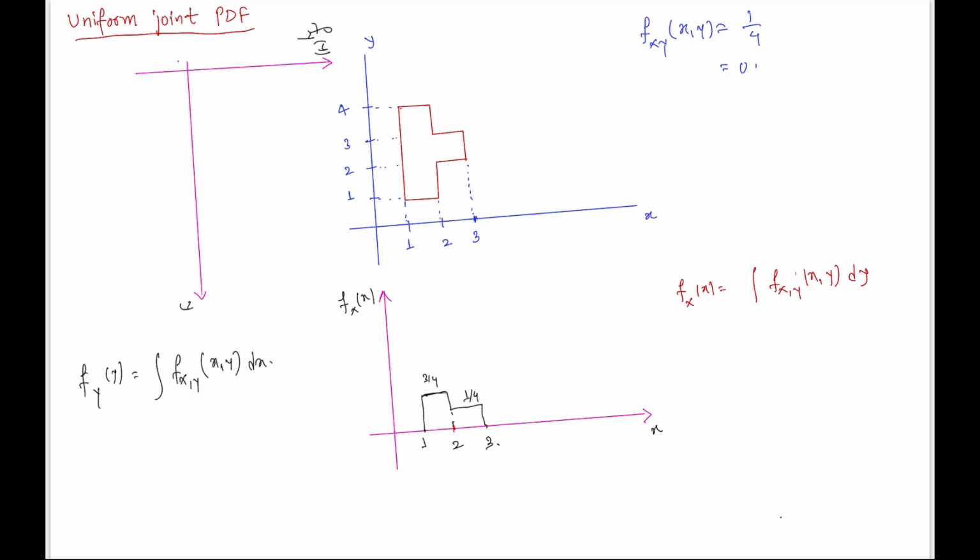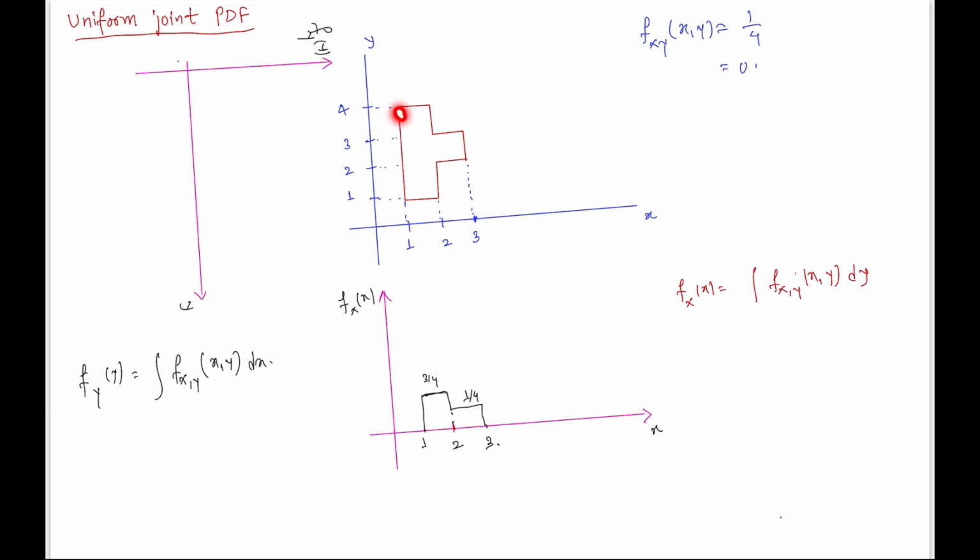So pick any y. For this range of y, x varies from 1 to 2. For this range of y, x varies from 1 to 3. So here you have to pick the limit of x, right? So you need to be very careful.